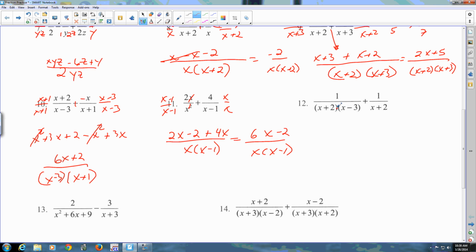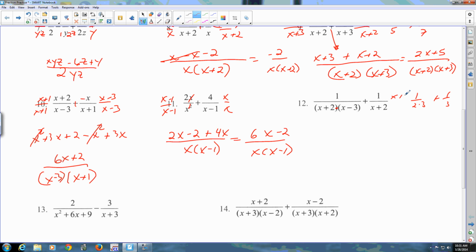Okay, now when you've got a product of stuff, say you had 1 over 2 times 3 plus 1 over 3. This is your LCD. It contains that one inside it. This x plus 2 is contained on this bottom as a product. So this whole thing here is your LCD. So this one already is set.